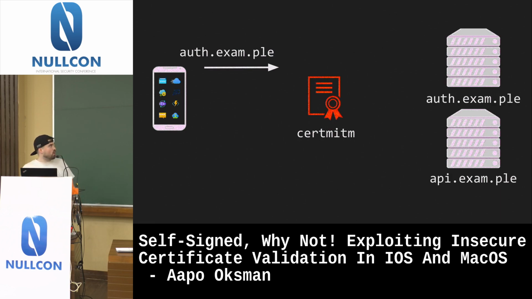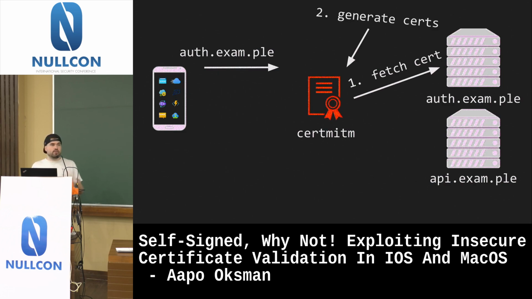So if we have a phone and we are intercepting all the connections, we can see a connection to auth example. What Certmitm does is it freezes the time at this point for the client, and then starts to do different things. First, we connect to the real auth example and download the server certificate for auth example.